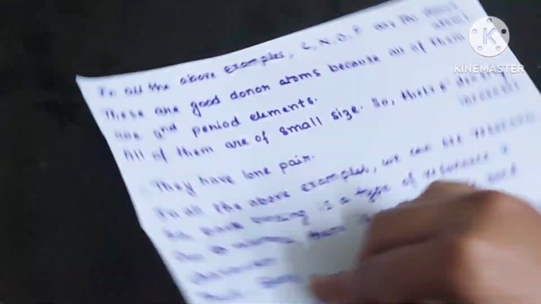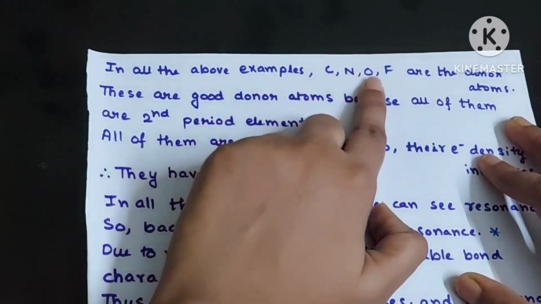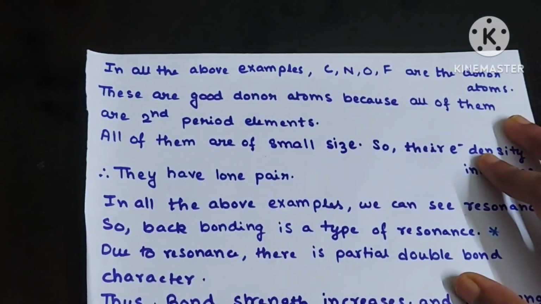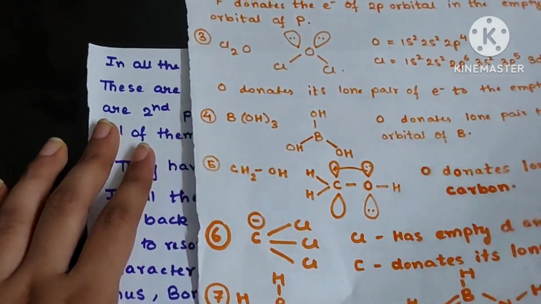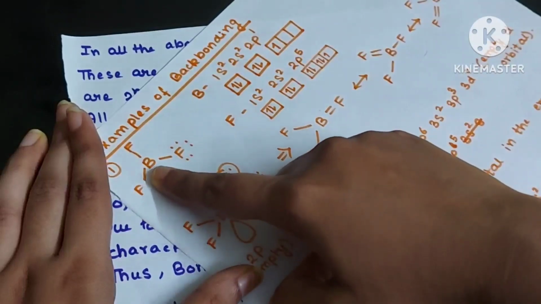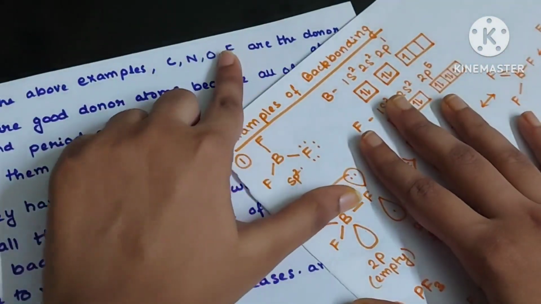And next, in all the above examples, we have seen that carbon, nitrogen, oxygen, fluorine are the donor atoms. In the first example, fluorine is the donor atom.